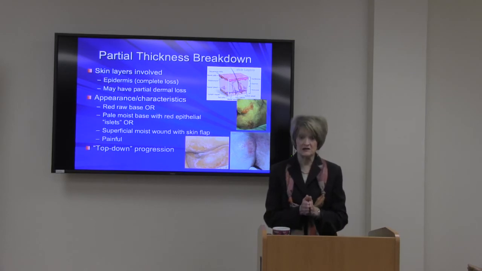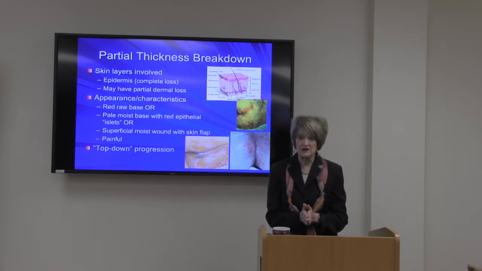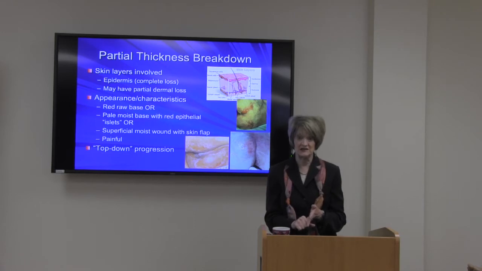Now, partial thickness lesions, by definition, as we have already said, are going to be very superficial because they involve loss of the epidermis and may involve partial loss of the dermis. Go back to the fact that the epidermis and dermis together are 0.2 centimeters in thickness.